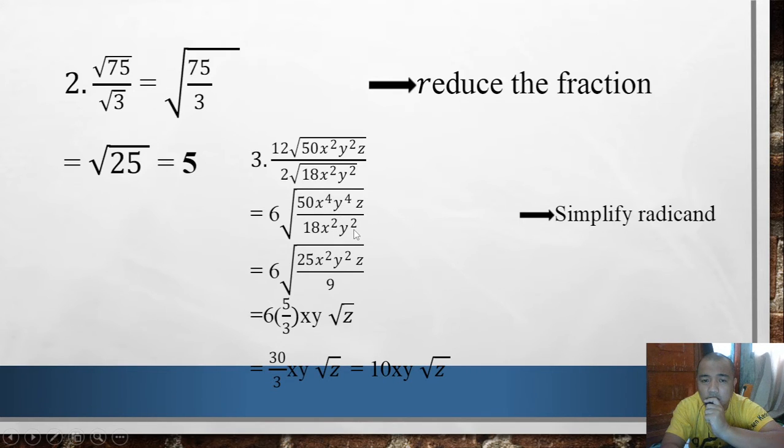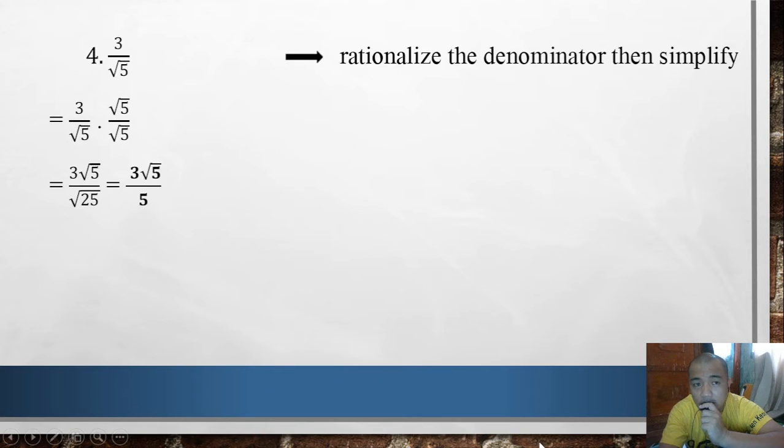So x squared y squared z over 9. So the answer is 6 square root of 25x squared y squared z over 9. We can still simplify this because the square root of 25 over 9 is 5/3, and square root of x squared y squared is xy. So 6 times 5/3 is 10, 10xy square root of z. And this is now the final answer: 10xy square root of z.